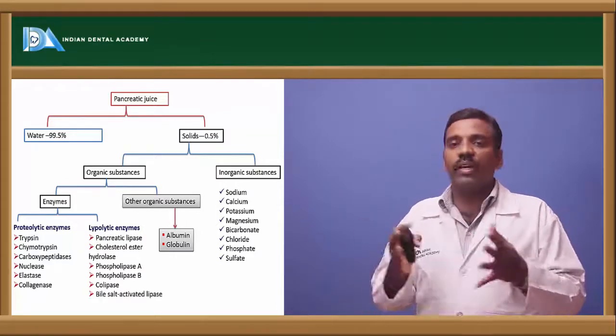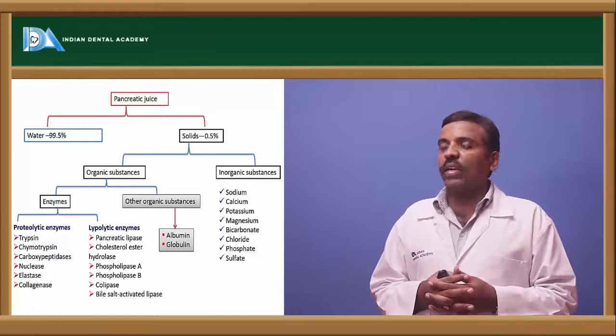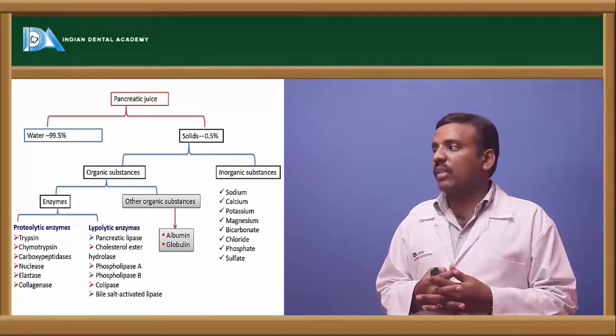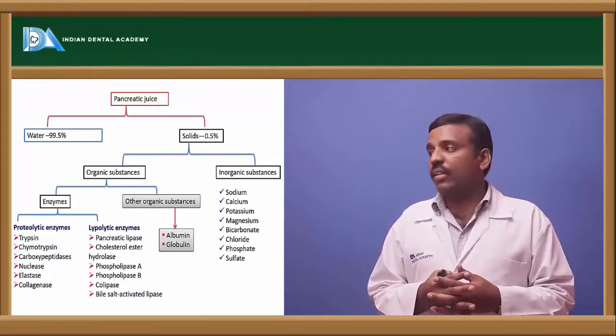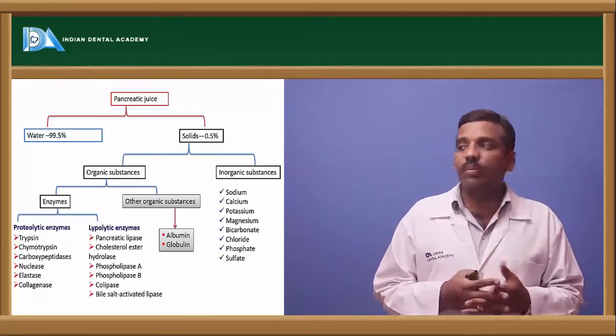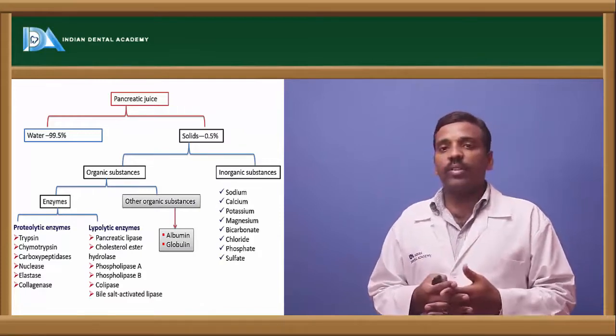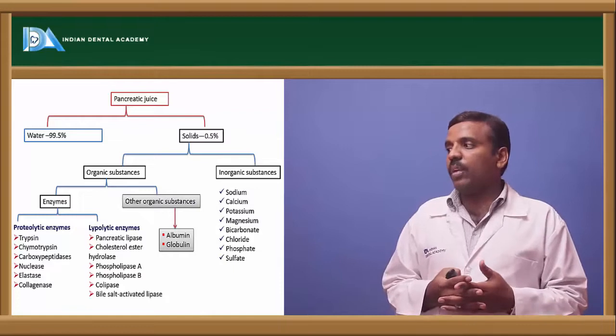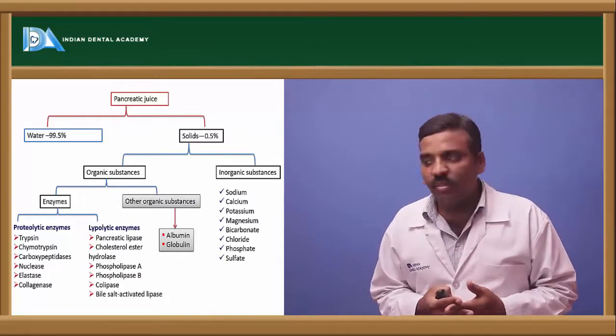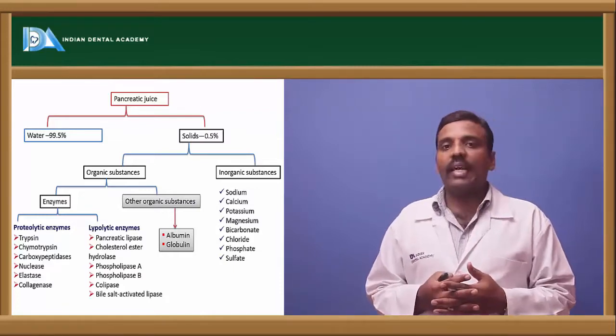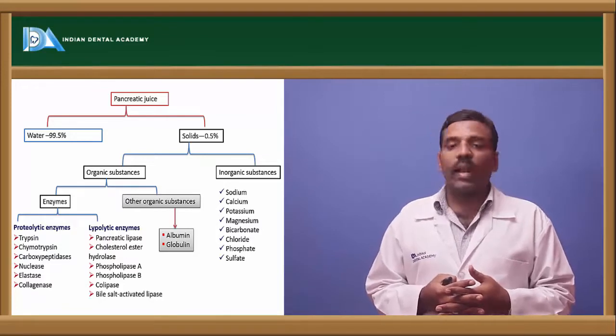The enzymes are divided into three types: proteolytic enzymes, lipolytic enzymes, and amylolytic enzymes. The proteolytic enzymes are trypsin, chymotrypsin, carboxypeptidase, nuclease, elastase, and collagenase.